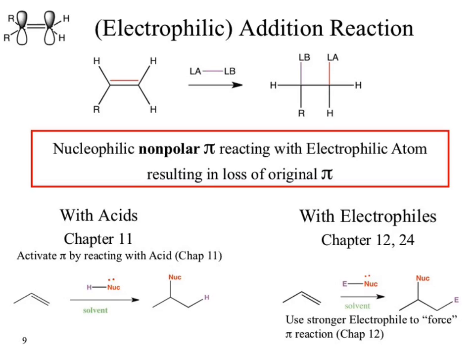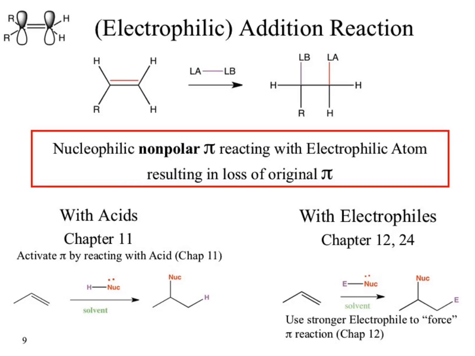Because a pi bond literally has electrons. It shouldn't act as an electrophile because it has electrons. Right? So it is nucleophilic. So if we're looking at the electrophile addition reactions, we're taking a pi bond, and the pi bond is breaking because it is leaving to react with an electrophilic atom. That results in the loss of the original pi bond.